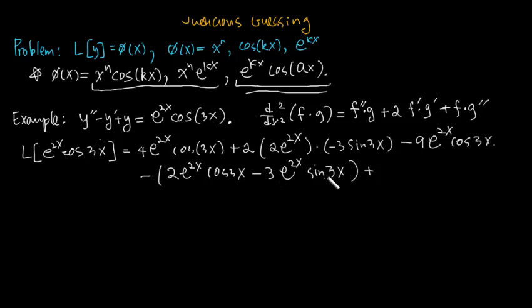That was just a first derivative, so e to the 2x cosine 3x. Right, so everything is e to the 2x cosine 3x or e to the 2x sine 3x. Let's collect the coefficient of e to the 2x and cosine 3x. So those are these coefficients, 4 and negative 9, and negative 2 and positive 1.